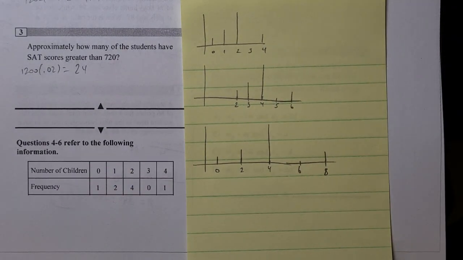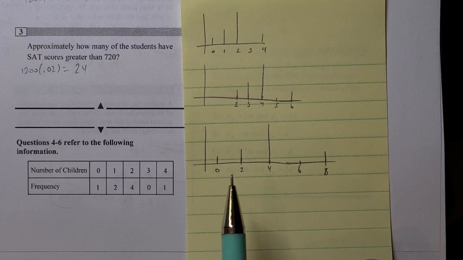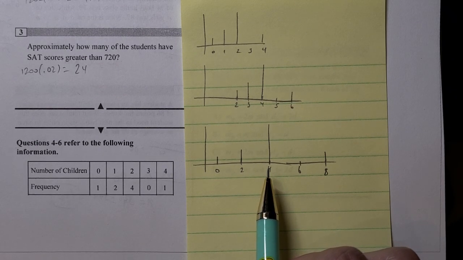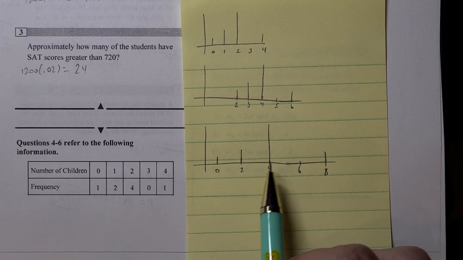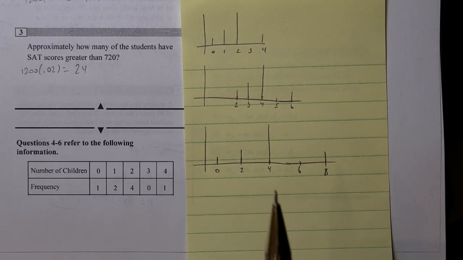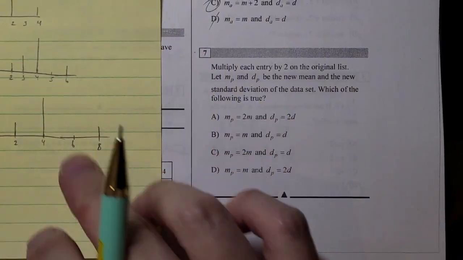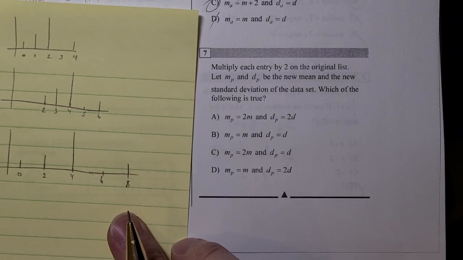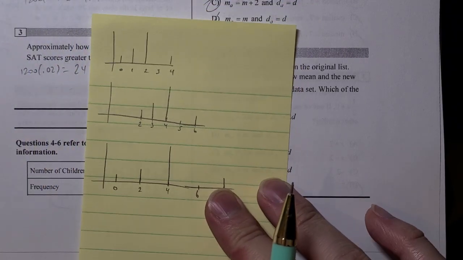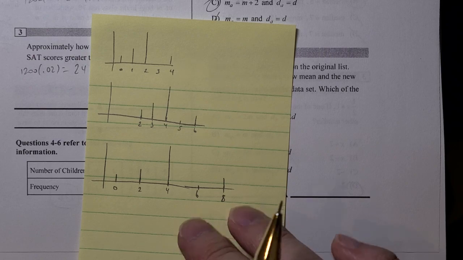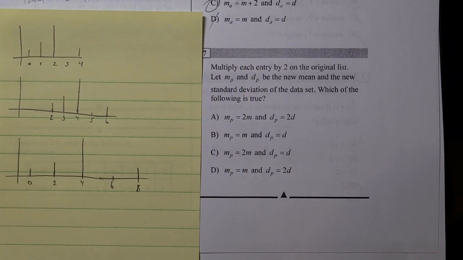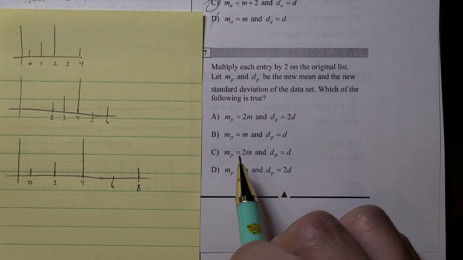Okay. So what happened to the mean here? The mean also shifted up. It's going to be somewhere here. Okay, so the mean didn't really double, it shifted up in this case. Okay, so actually the mean did double, sorry.